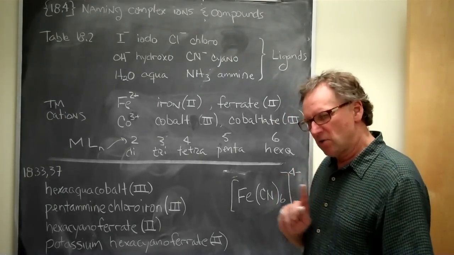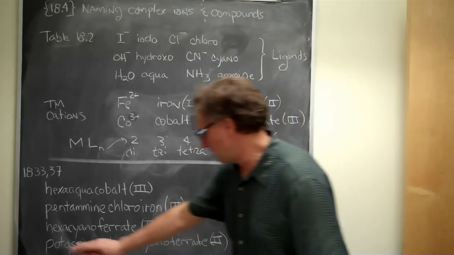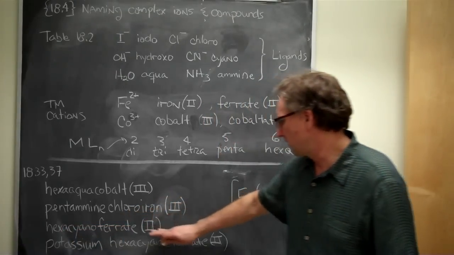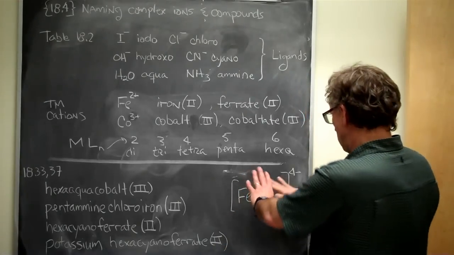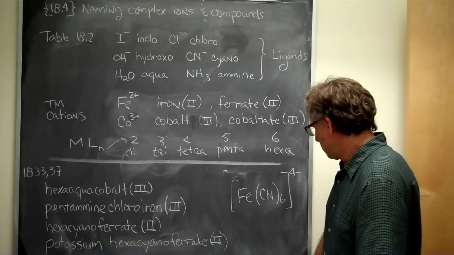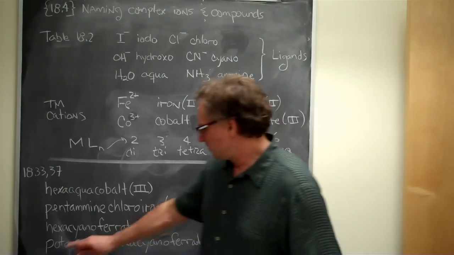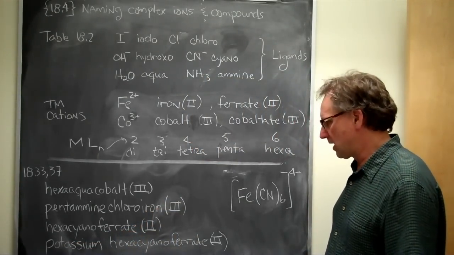And the way that you know that you're dealing with the name of a compound rather than a complex ion is that there are two words. So you notice the second one, hexacyanoferrate II, that's the same thing, hexacyanoferrate II. So I know I'm working with the same complex anion. Now, the potassium, that's obviously going to be there for charge neutrality.